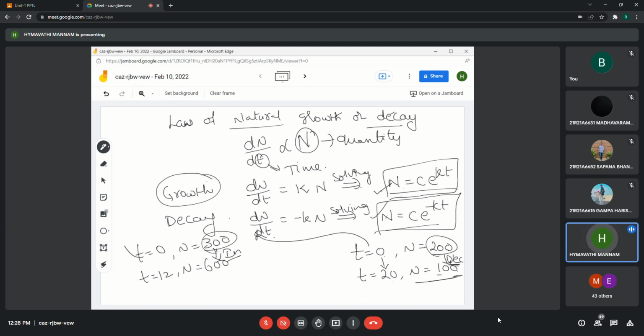If it is an increasing case, then take the formula of the growth and find the solution. C and K are arbitrary constants. We have to find C and K first, and later find the n value when t is given, or find the value of t when n is given. So this is the law of natural growth or decay.